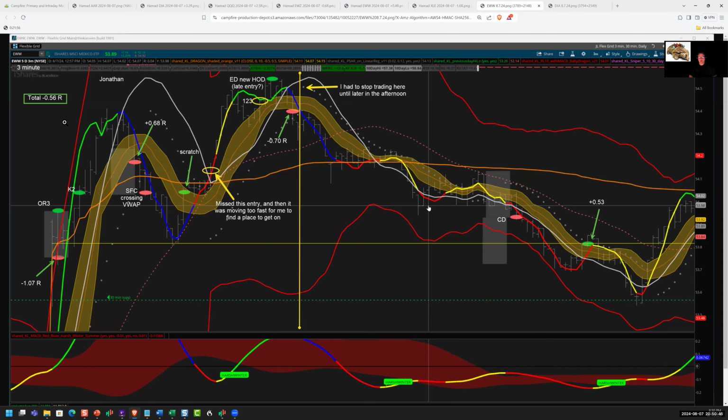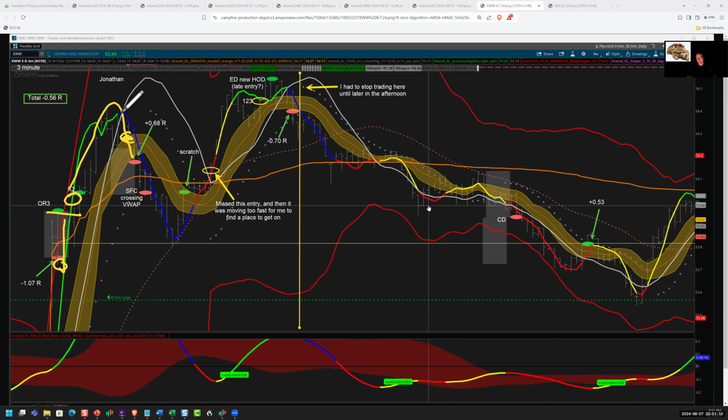Here's Jonathan with minus 0.56. So this was short, exit, entered, stuck around too long, should have been out around here.